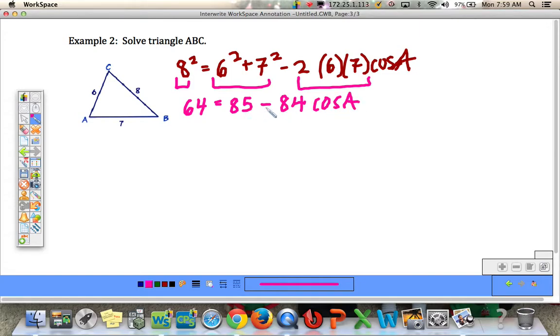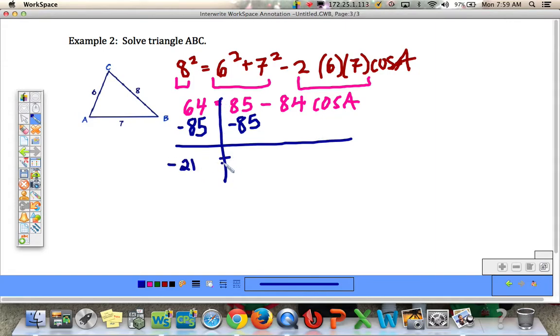Again, don't subtract the 85 minus 84. This is like 84x, so you can't combine them. Instead, subtract 85 from each side. So we'll get negative 21 equals negative 84 cosine of A. Divide each side by negative 84.